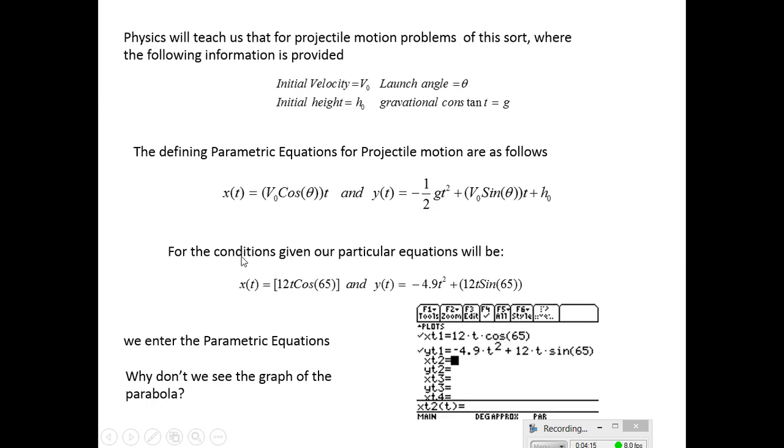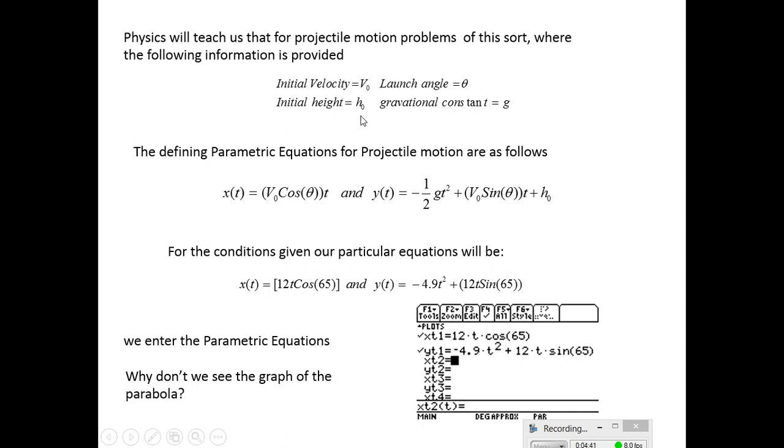Fortunately, those are very generalized equations, as we'll talk about. Physics will teach us that projectile motion problems of this sort provide the following information. Initial velocity is v0. Launch angle is theta, usually in degrees.